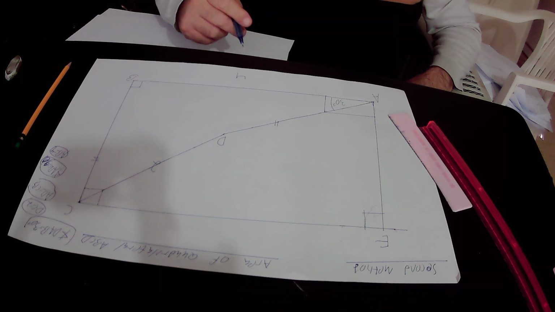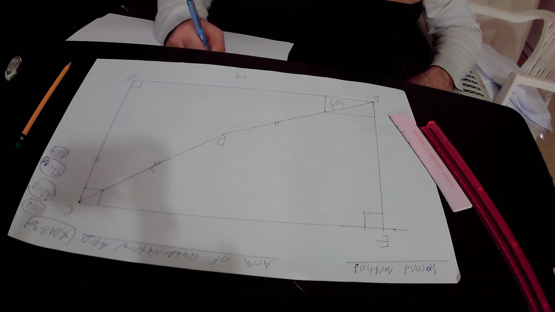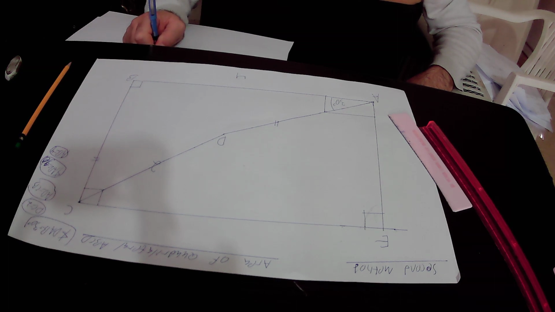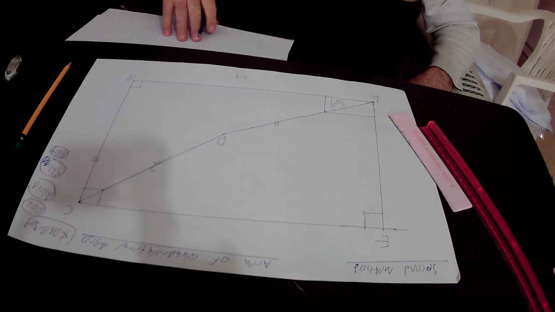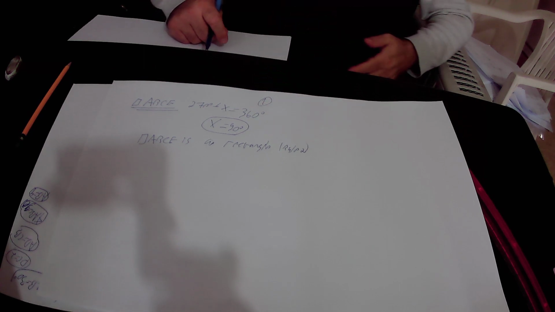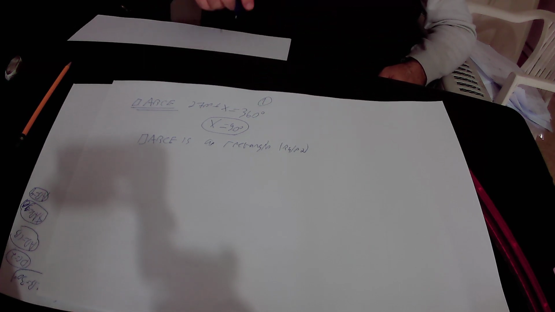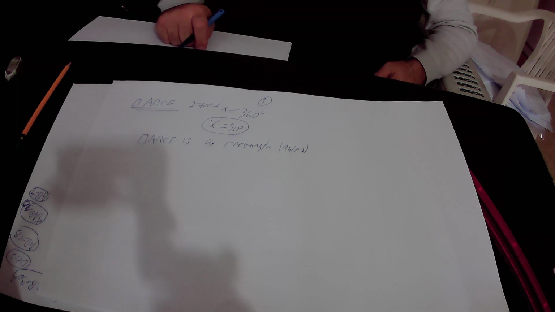So we will relate to quadrilateral ABCE as a rectangle. I'll repeat again. Quadrilateral ABCE is a rectangle according to rule number 2 because it has 4 right angles.